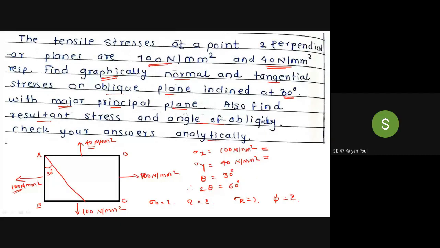So in the given data itself, you have to write down sigma x is equal to 100 Newton per mm square is equal to 10 centimeter as per the selected scale. Similarly, sigma y is equal to 40 Newton per mm square, which means sigma y is equal to 4 centimeter. So by using the given stresses and the selected scale, sigma x is equal to 10 centimeter, sigma y is equal to 4 centimeter.